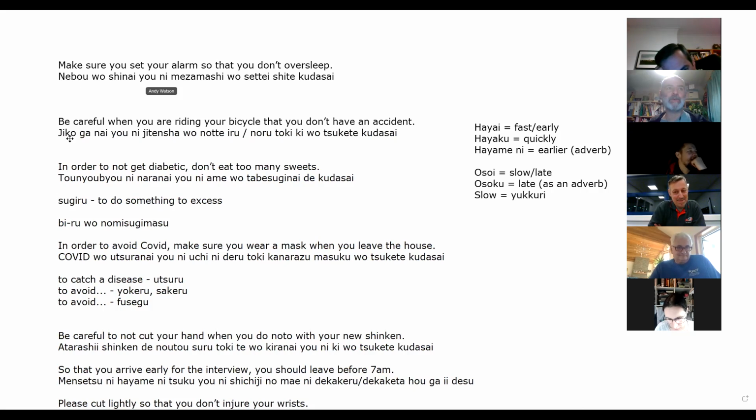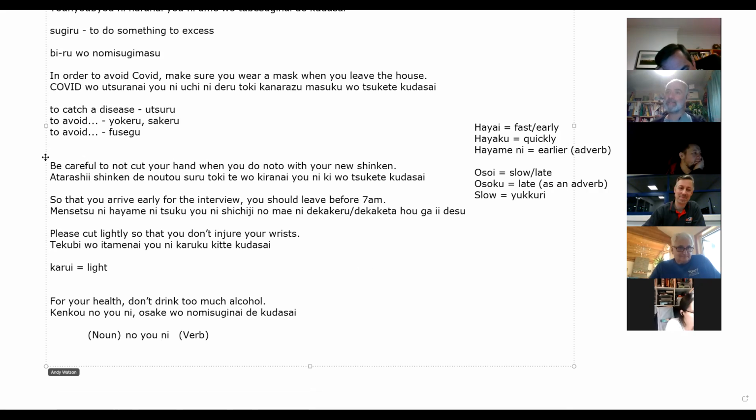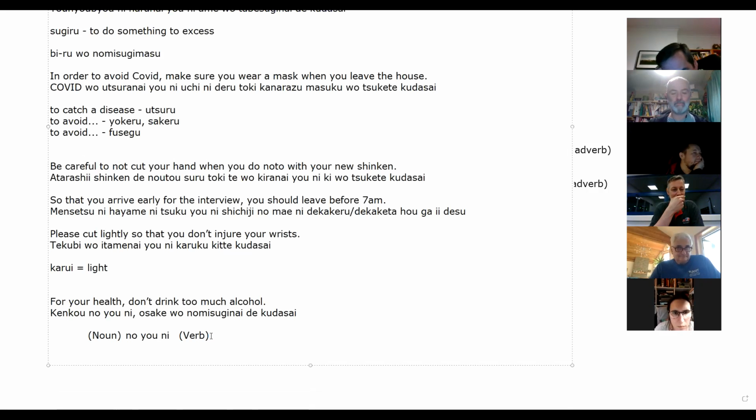So nebo shinai yoni, jiko ga nai yoni, tonyobo ni naranai yoni. But if we're going to put a noun here, and we're going to come onto this, it changes the meaning of yoni, this kind of color of yoni, to mean in the fashion of, or like, the noun.